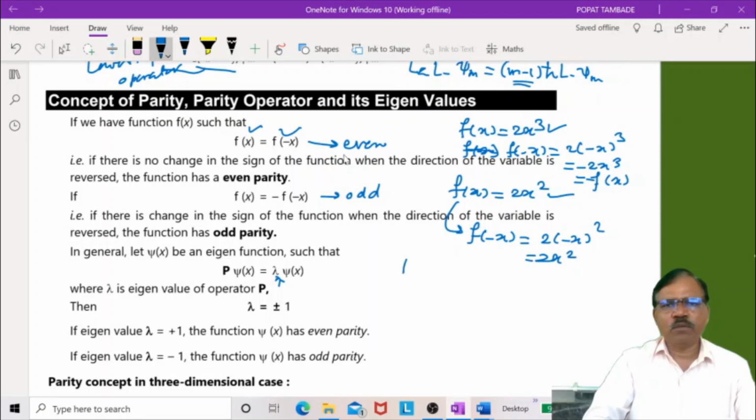So what happens here, when we operate parity operator on psi of x, we get psi of minus x with plus or minus sign depending on even parity or odd parity. So lambda is called eigenvalue, and lambda will be either plus 1 or minus 1. If lambda is plus 1, psi has even parity. If lambda is minus 1, psi has odd parity.